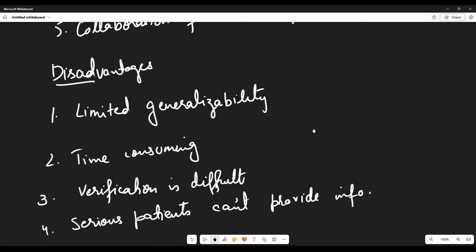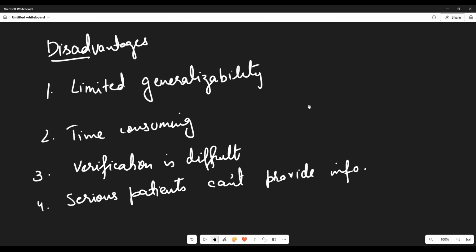But side by side, there are some disadvantages of this method too. Number one is results cannot be generalized every time. It is a very time consuming and expensive method. Opinions of many experts simultaneously can affect the results. It is difficult to verify the information. If the patient is seriously ill, he cannot provide needed information.